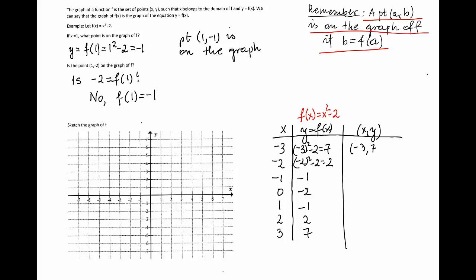And the corresponding points are going to be (negative 3, 7), (negative 2, 2), (negative 1, negative 1), (0, negative 2), (1, negative 1), (2, 2), and (3, 7).